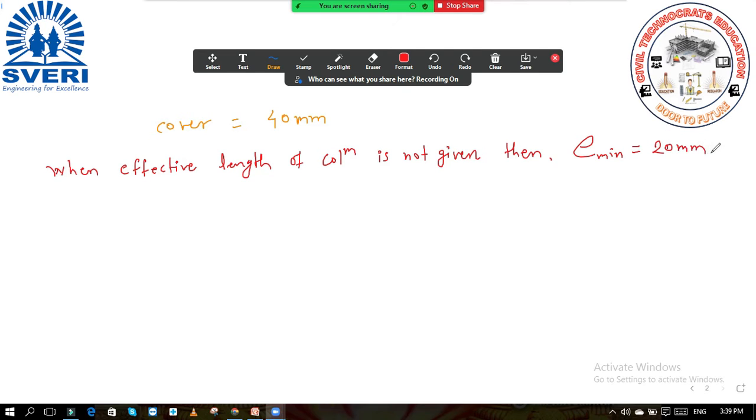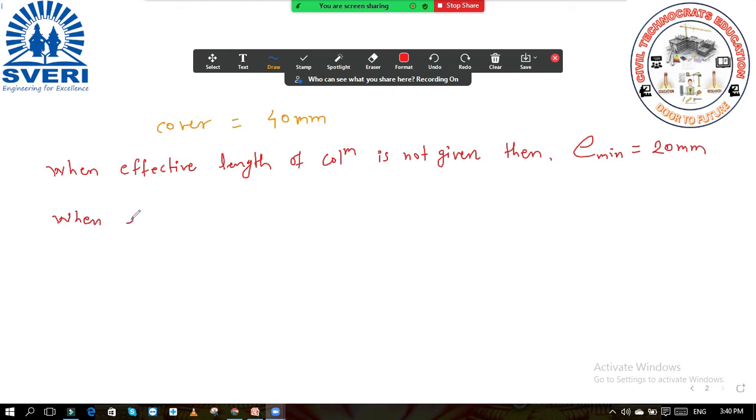This minimum eccentricity is always present because there is no column in this world which is having eccentricity 0. In a column, somewhat eccentricity is always present. There will never be matching of the axis of the column with the line of action of load. So when the effective length of the column is not given, then E minimum is always taken as 20 mm.